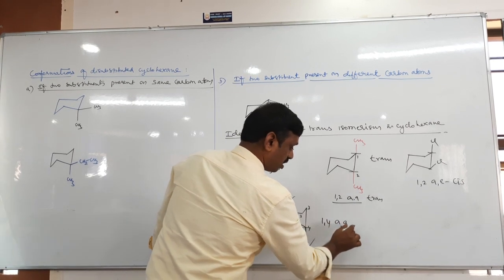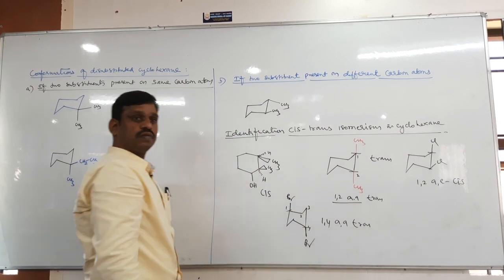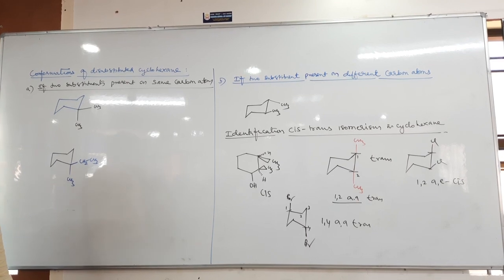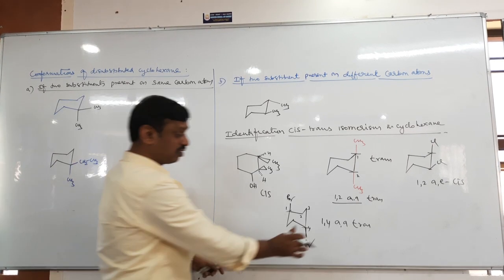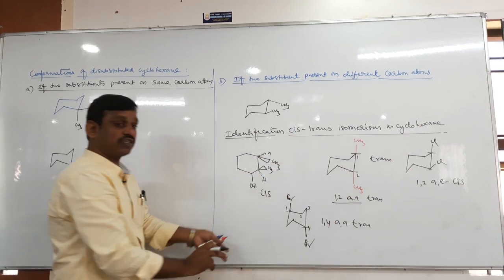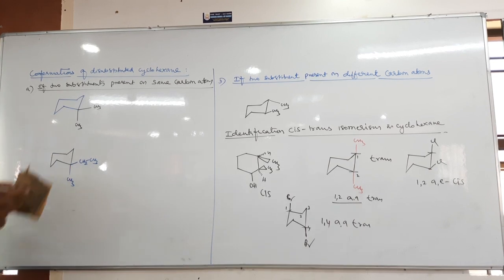So A, A, that is trans. In the question, they will give 1, 4 AA. Cis or trans? Then write the structure and identify. So write the question.